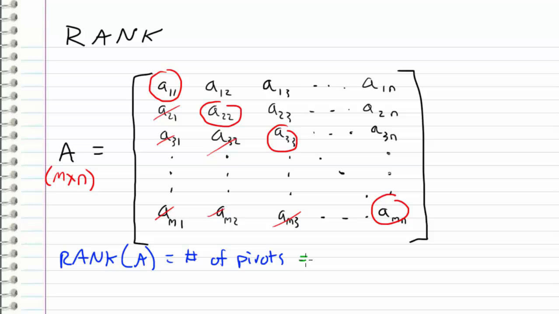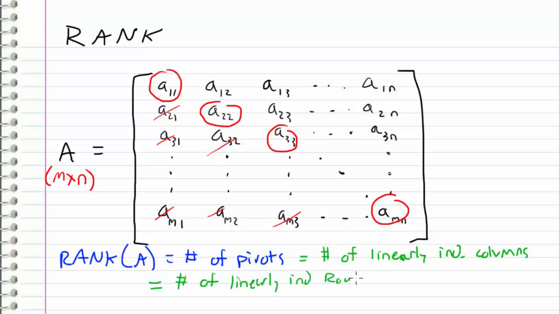the rank of a matrix is equal to the number of linearly independent columns and the number of linearly independent rows.